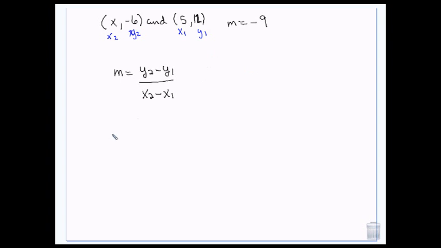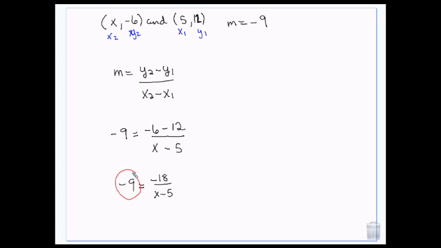M is negative 9. Y2 is negative 6. Y1 is negative 12, or minus positive 12. X2 is x minus x1, which is 5. Okay. I think it'll make more sense if I do this in another step. So negative 6 minus 12 is negative 18 over x minus 5.